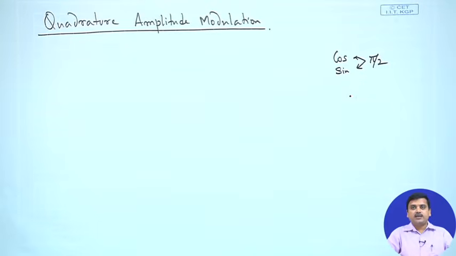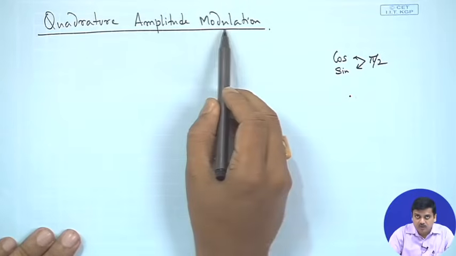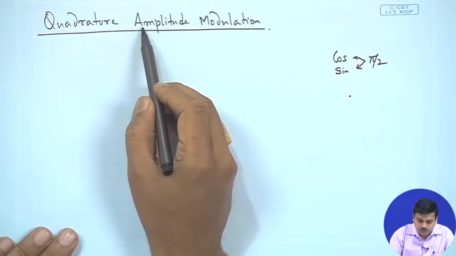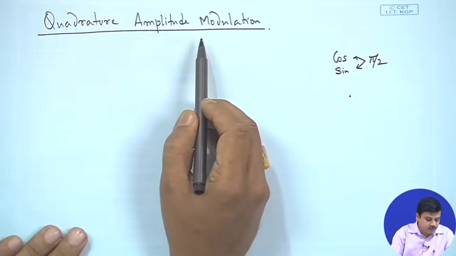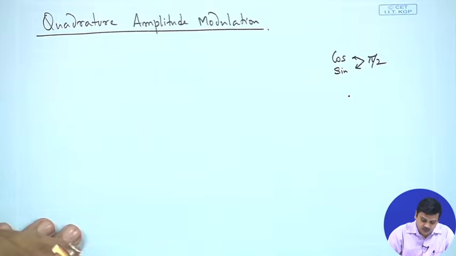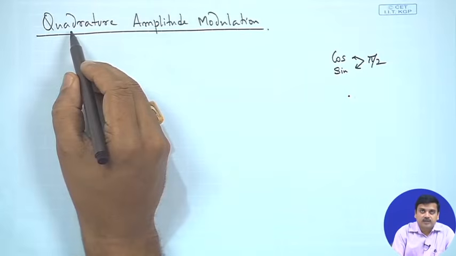Being at 90 degrees, they do not interfere with each other. Now when we have quadrature amplitude modulation, although we know the terms individually or in some groups, when put together it has a different meaning altogether. This quadrature amplitude modulation is all about modulating the amplitude of quadrature carriers.